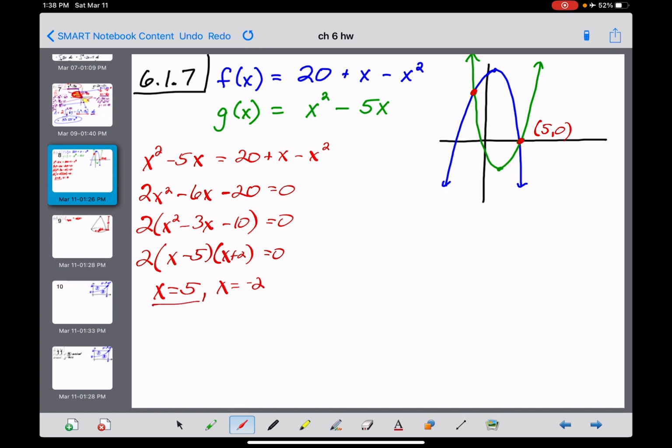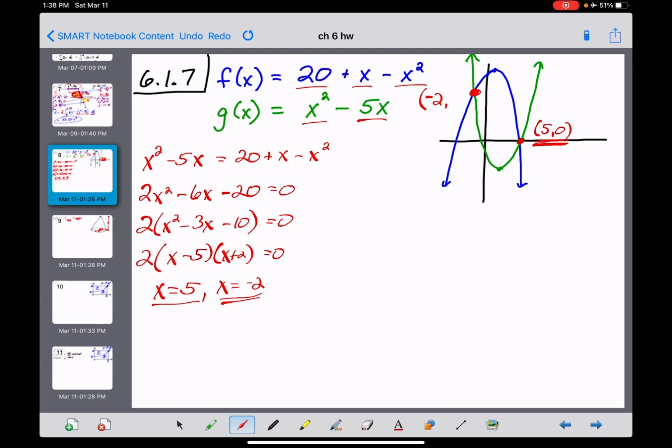That 5 tells me I was right that the x coordinate right there was 5. If I plugged a 5 in here, 25 minus 25 would be 0, and 20 plus 5 is 25, minus 25. Yeah, this point checks out. But what I didn't know is that the second point of intersection, this one right up here, has an x-coordinate of negative 2.